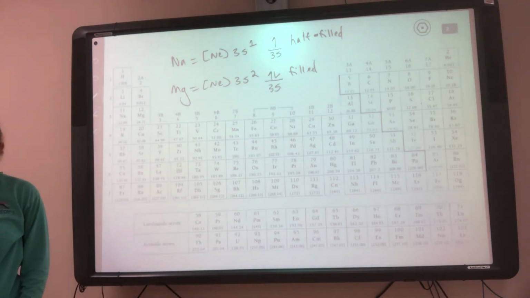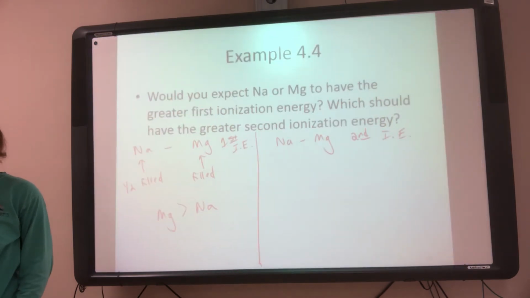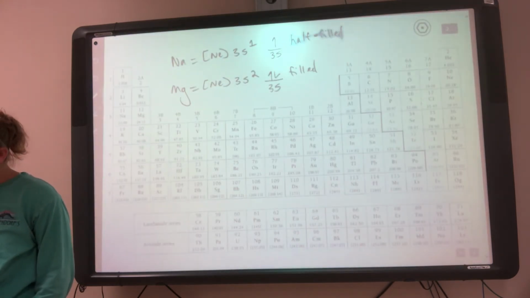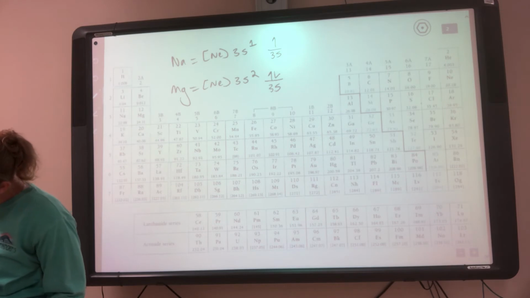All right. The next part of this problem wants the second ionization energy. So let's look at where I was here. This was the first ionization energy. The first ionization energy was taking this electron, so I was taking this one right here.